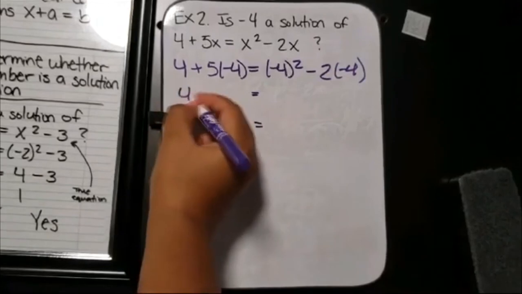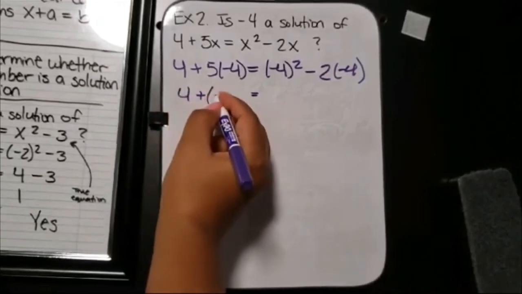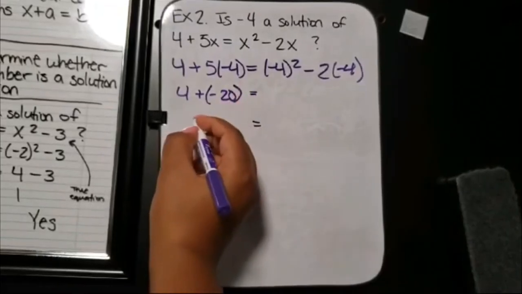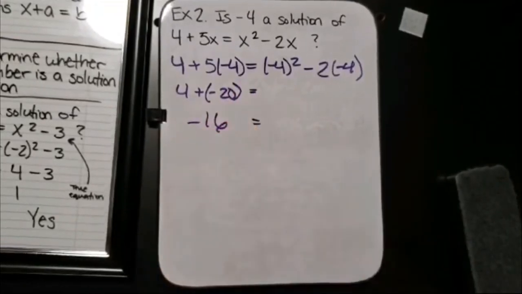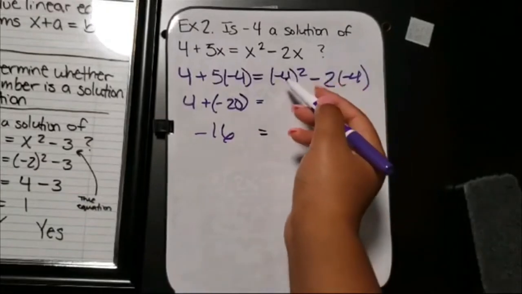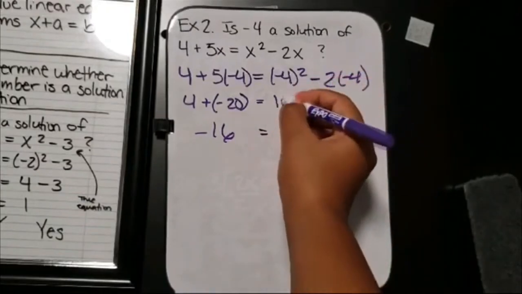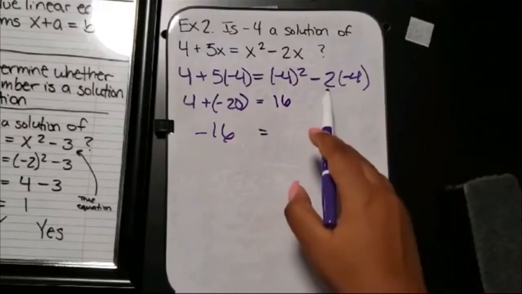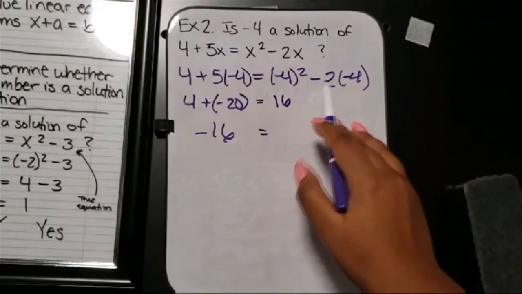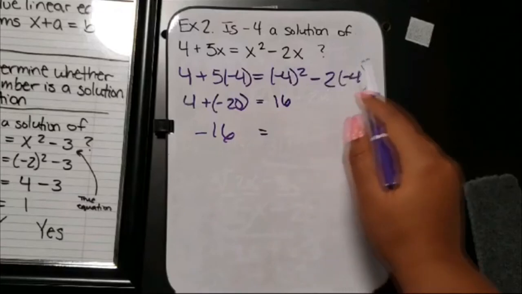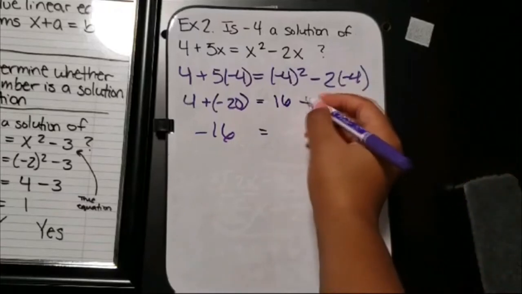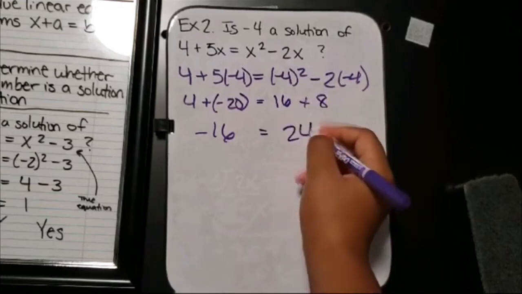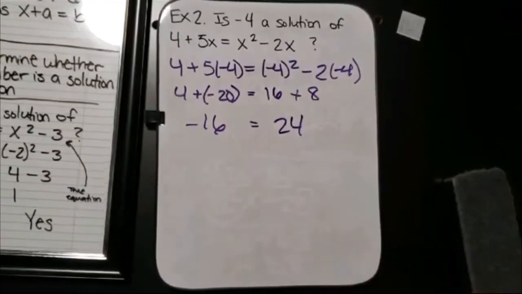So on the left side, we have 4 plus negative 20, and that is negative 16. So here we got negative 4 squared, which is positive 16. Here we have a minus 2 times a negative 4, which is positive 8. So on this side, we have 24.